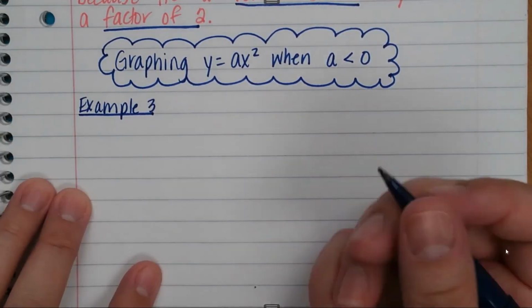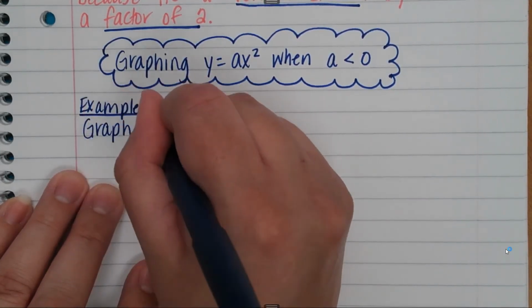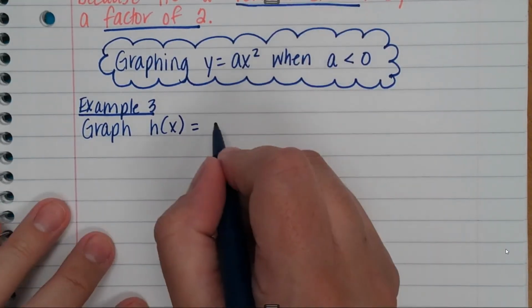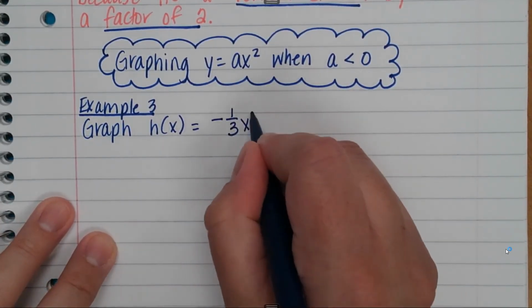The directions say graph h of x equals negative 1/3 x squared.